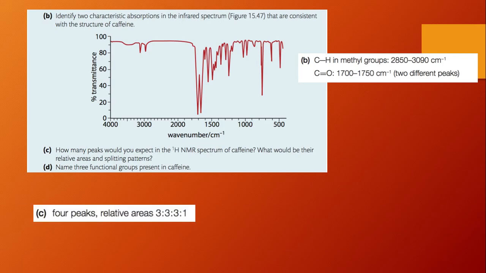And if you look, there are 4 different protons, which would give us 4 different peaks. Their relative areas are 3 to 3 to 3 to 1, because we have 3 methyl groups, and there is 1 proton that is not drawn, but it is still present. In all of these cases, they would all be singlets.